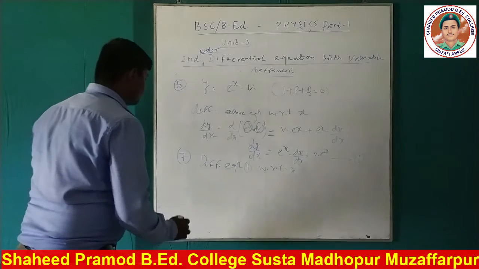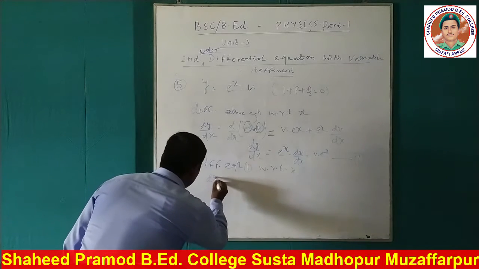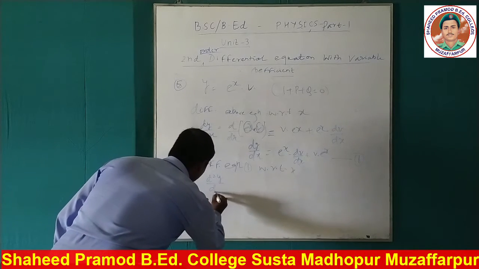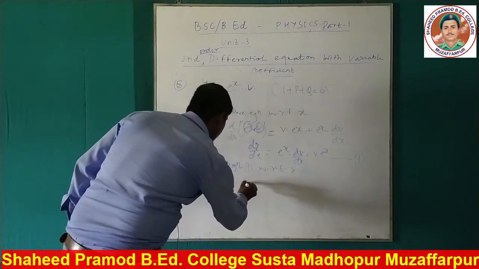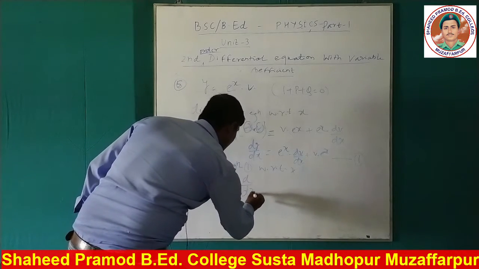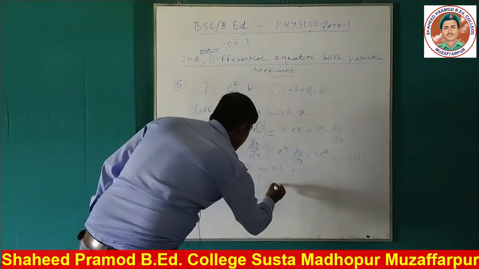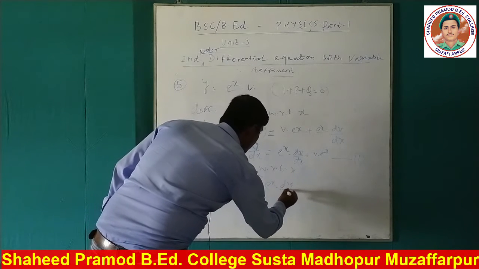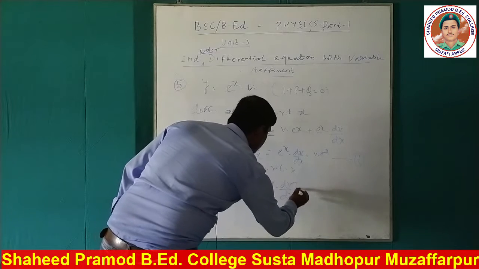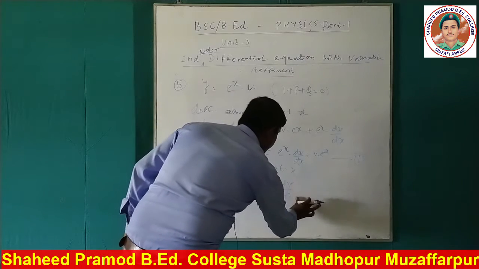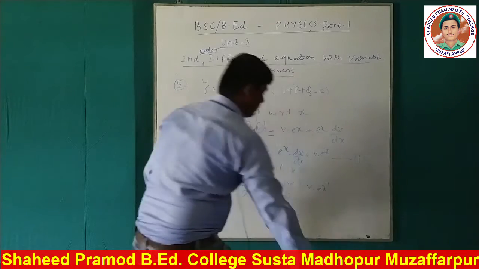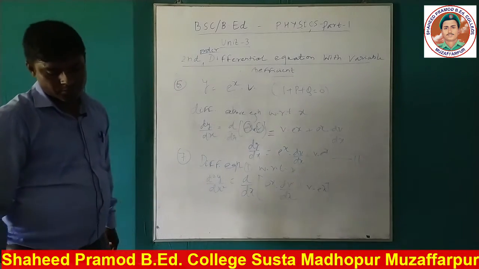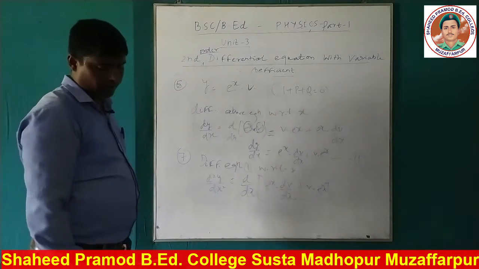So what do we get? d2y upon dx square is equal to d upon dx of (e^x into dv upon dx plus v into e^x). You have to double differentiate this one.